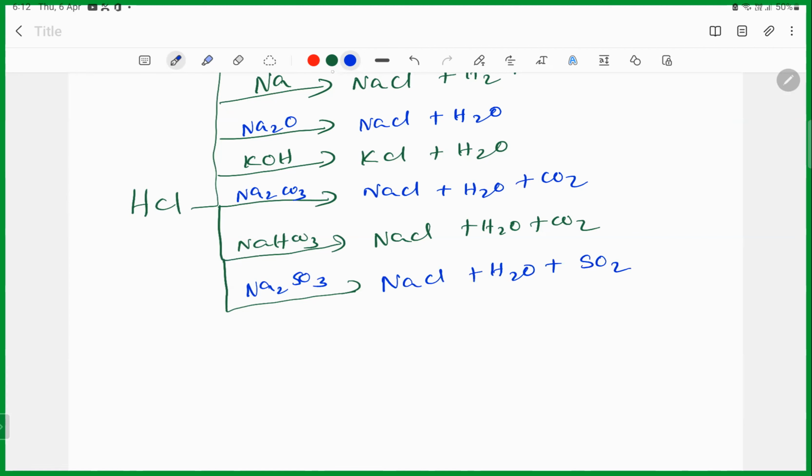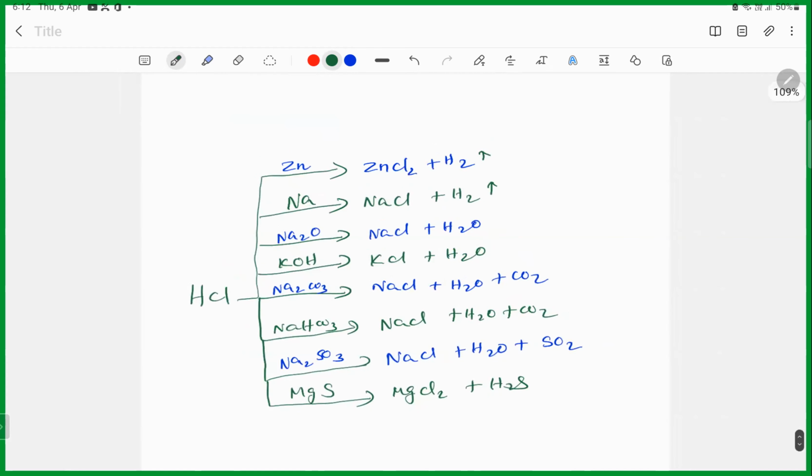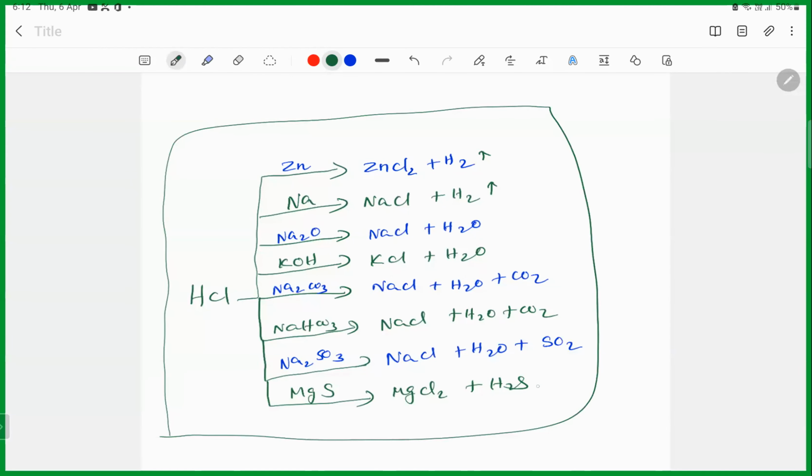And then it reacts with magnesium sulfide. Magnesium sulfide plus HCl gives magnesium chloride plus H2S. That's all, these are the chemical reactions. Earlier we studied everything in one box, with balancing. This is gas, this is gas, this is gas. That's all. This is common for the acids.